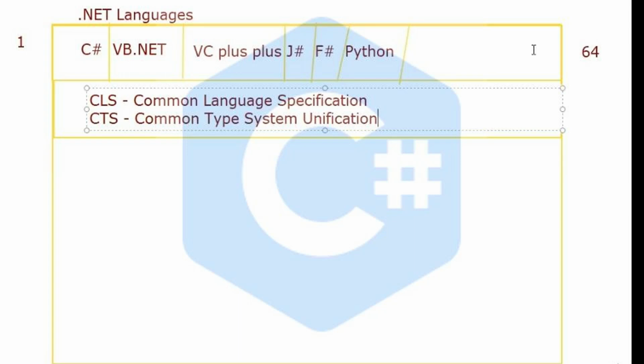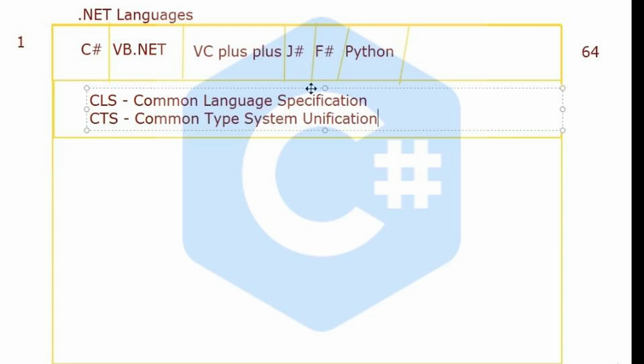Our .NET supports object-oriented programming languages. C++, Java, Fortran, Python are all object-oriented, and their data types and syntaxes are similar. That's why we are supporting them. CTS stands for Common Type System unification.